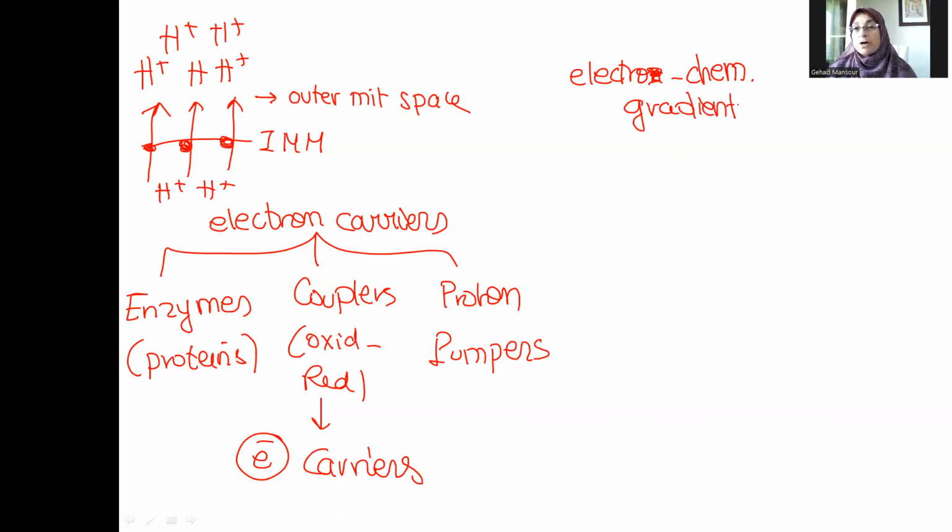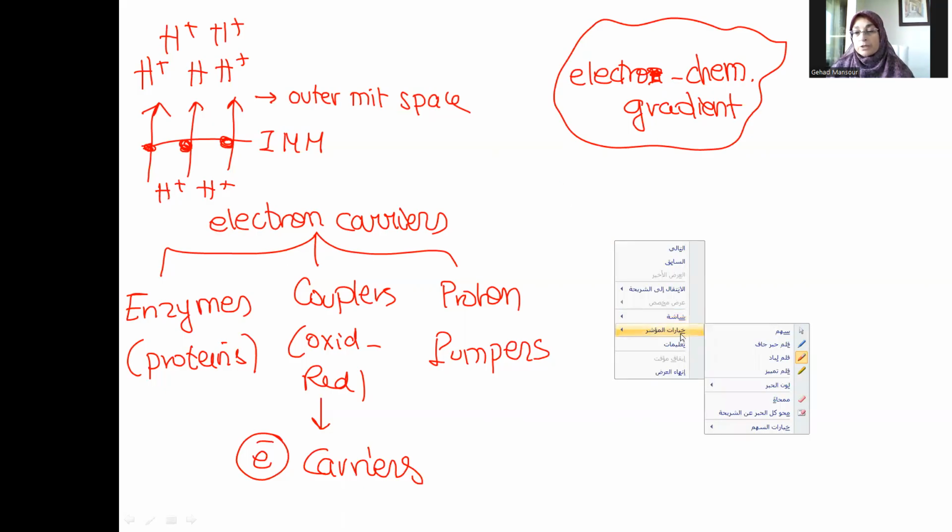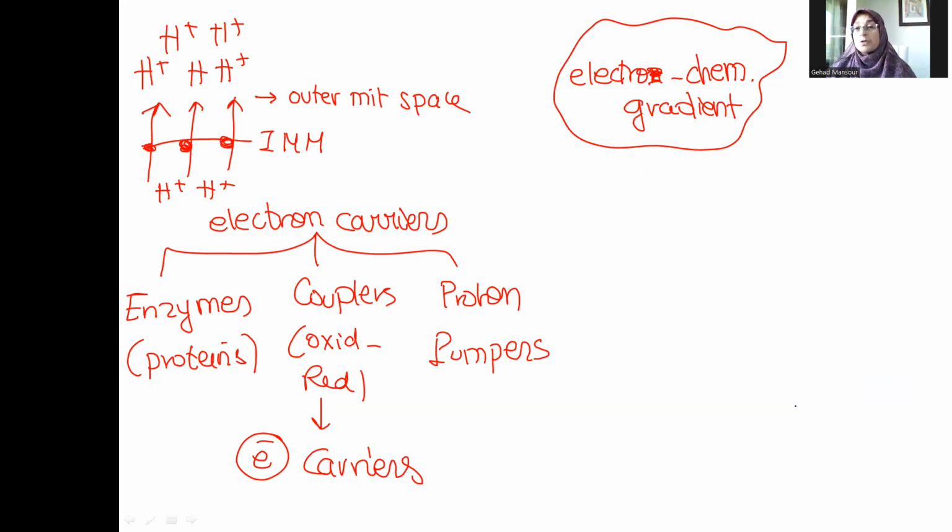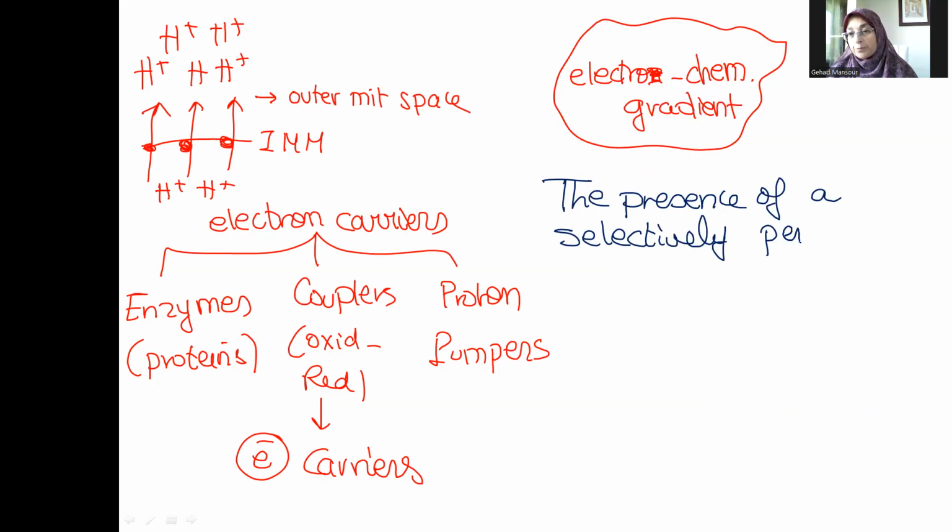And here there is a very important concept that you have to know, which is that this electrochemical gradient would not have been created and preserved if there weren't a membrane.